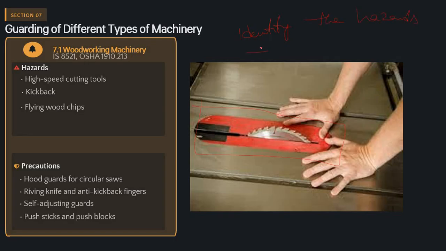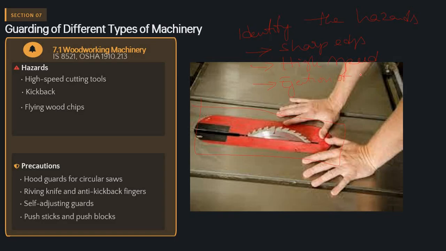Yes, we should call it a sharp edge. Then it rotates at a high speed, right? The sharp edge and high speed. Then, during the cutting operation, there is some kind of ejection of wooden pieces.